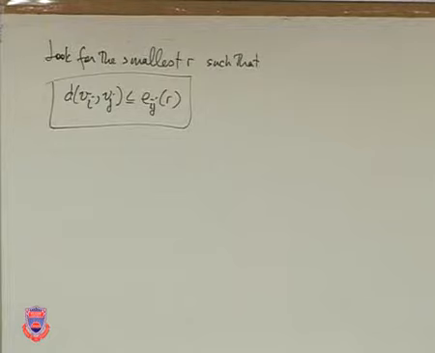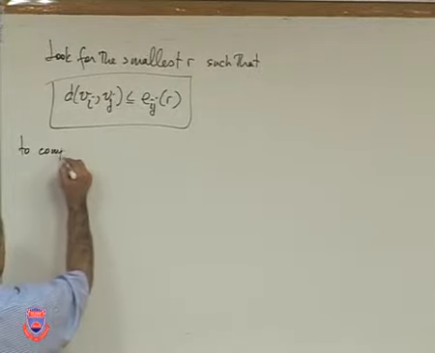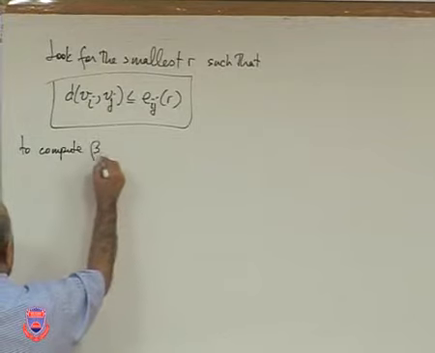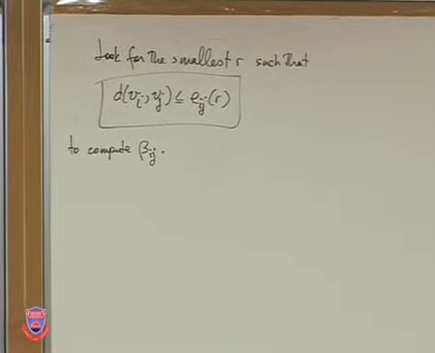That number, that smallest r, will give you beta ij. Okay? At least we're somewhere now.